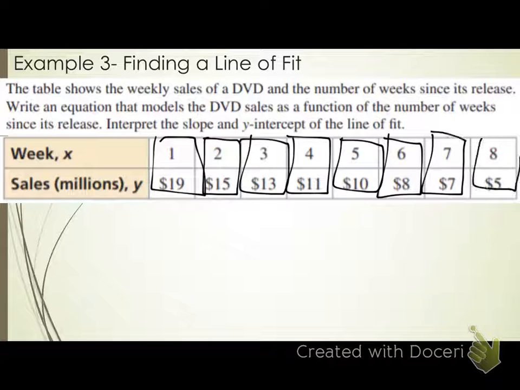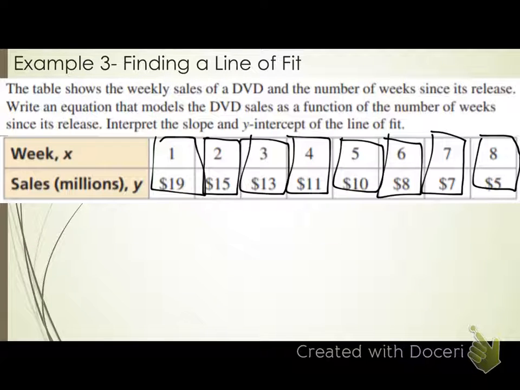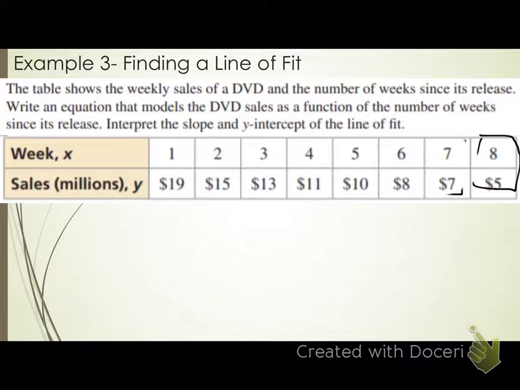Because on the previous slide, what did step 1 tell me to do? Make a scatter plot of the data. Okay? Does that make sense? So it gives me the data. I need to make a scatter plot of that data. So, what's going to go on my x-axis? What's going to go on my y-axis?